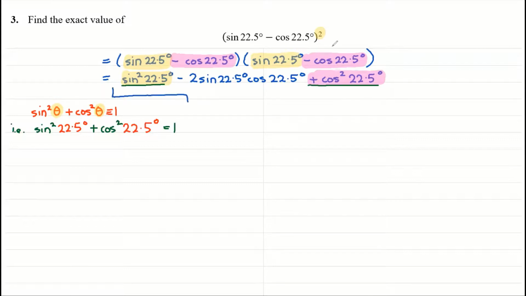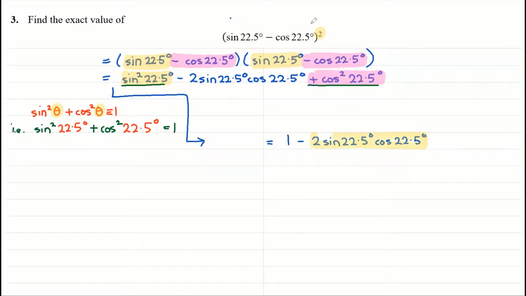Okay, now I've just distorted my working out a little bit. Let's go on this side. So that's going to equal 1 subtract 2 lots of sine of 22.5 degrees multiplied by the cosine of 22.5 degrees. Now, once again, you're going to need to use your Sherlock Holmes detective skills. What can we do with this nasty looking term here?